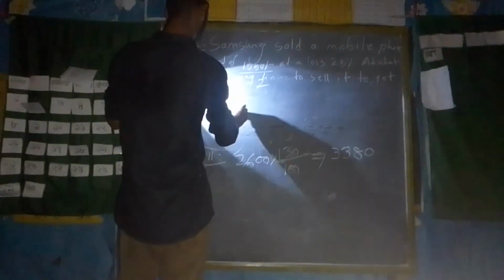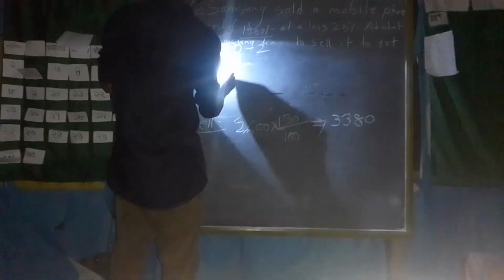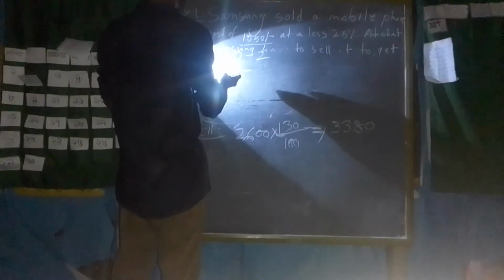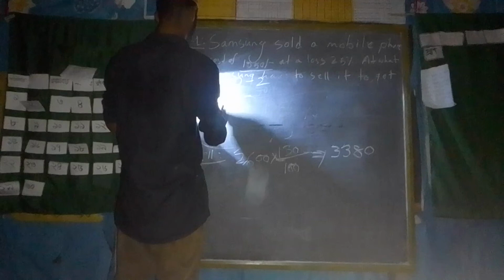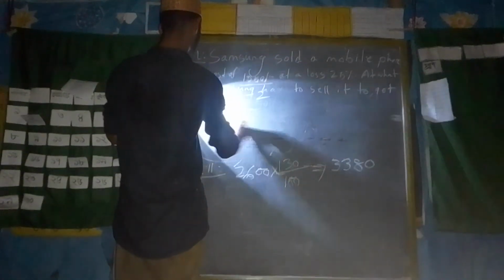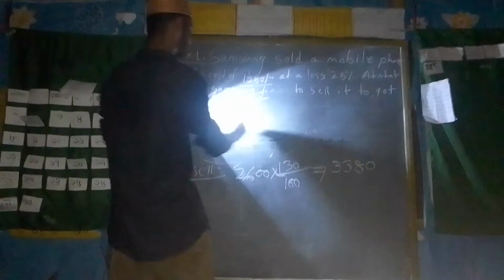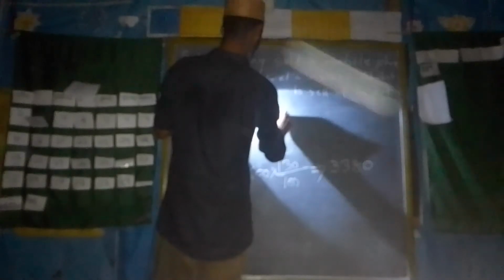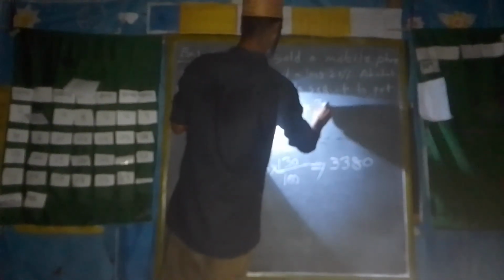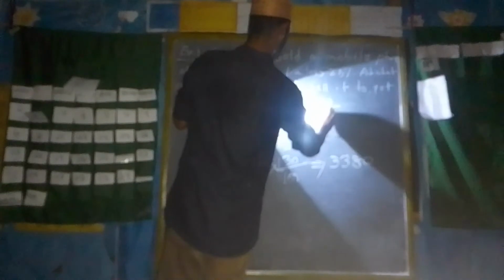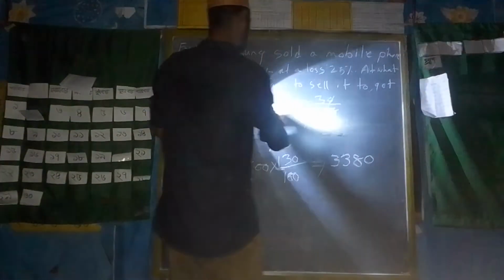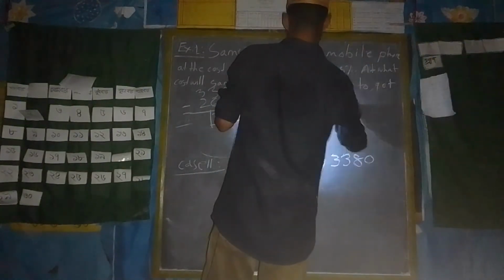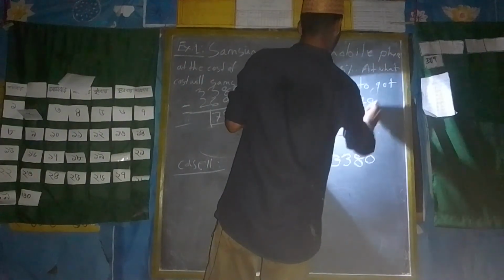That gives 780. How does 780 come? 2600 into 30 divided by 100. By solving this equation, we get 260 into 3, that is 780.